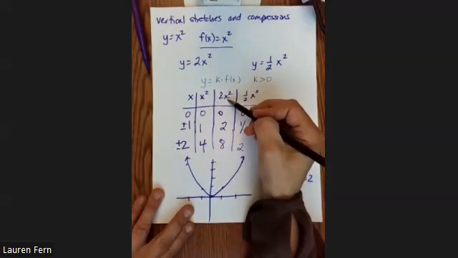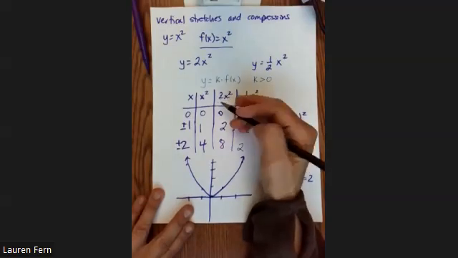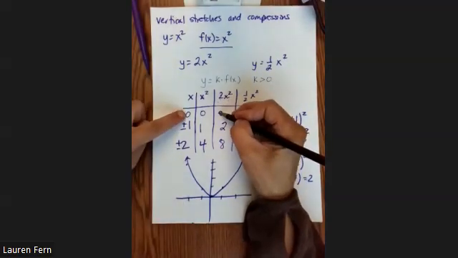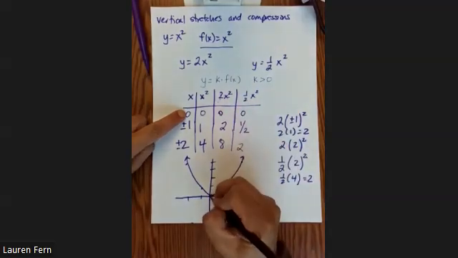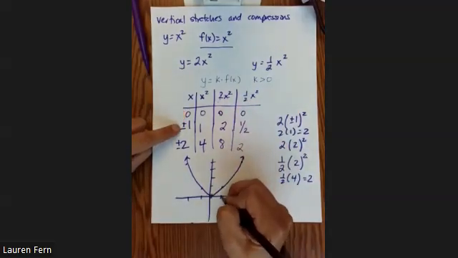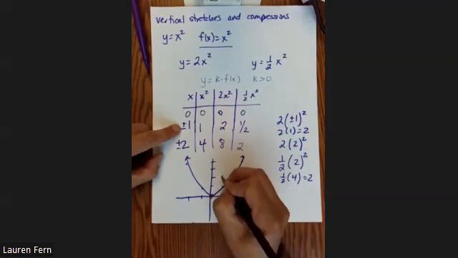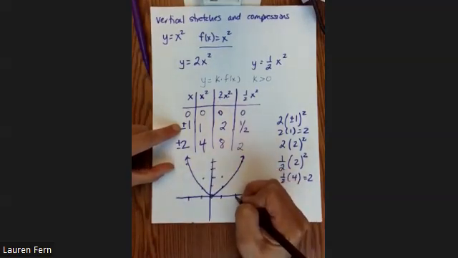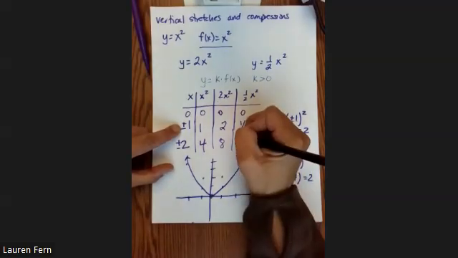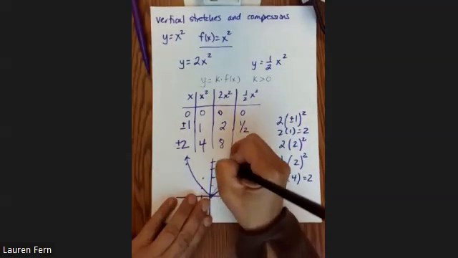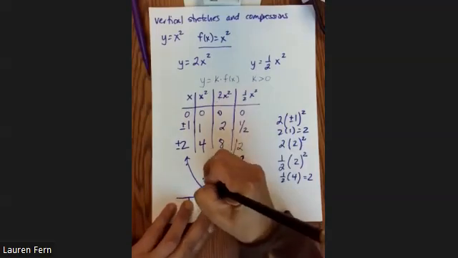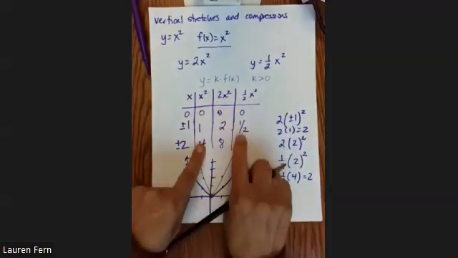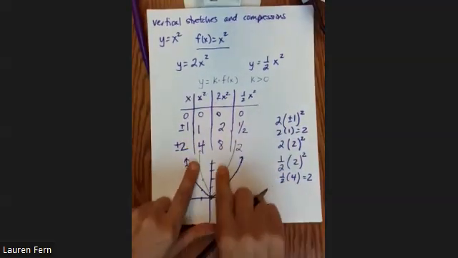Well, let's now plug in 2 times x squared. When we plugged in x equals 0, 0 still came out. But now when we plugged in positive or negative 1, 2 came out. And when we plugged in positive or negative 2, 8 came out. So isn't our graph kind of taller and thinner, or stretched up?